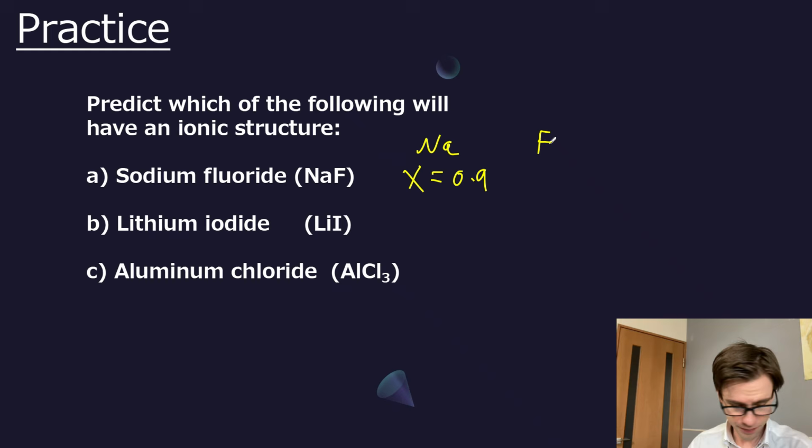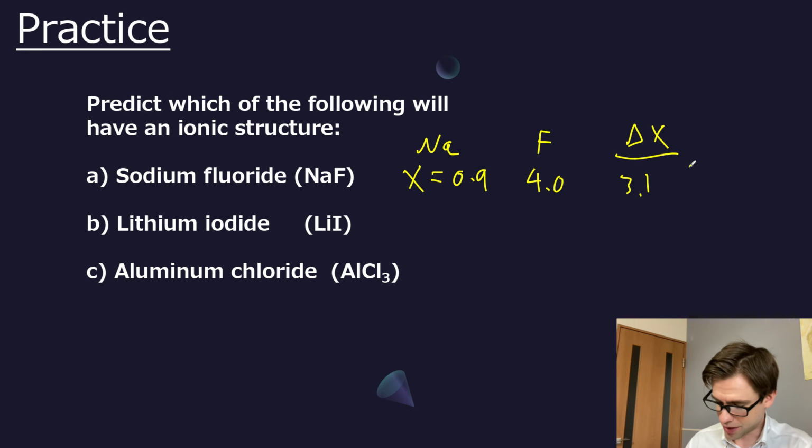Fluorine, 4.0. So this difference, delta chi, is going to be quite high, 3.1. I would definitely predict that is ionic and has most of the properties of ionic compounds that we have been and that we will talk about.